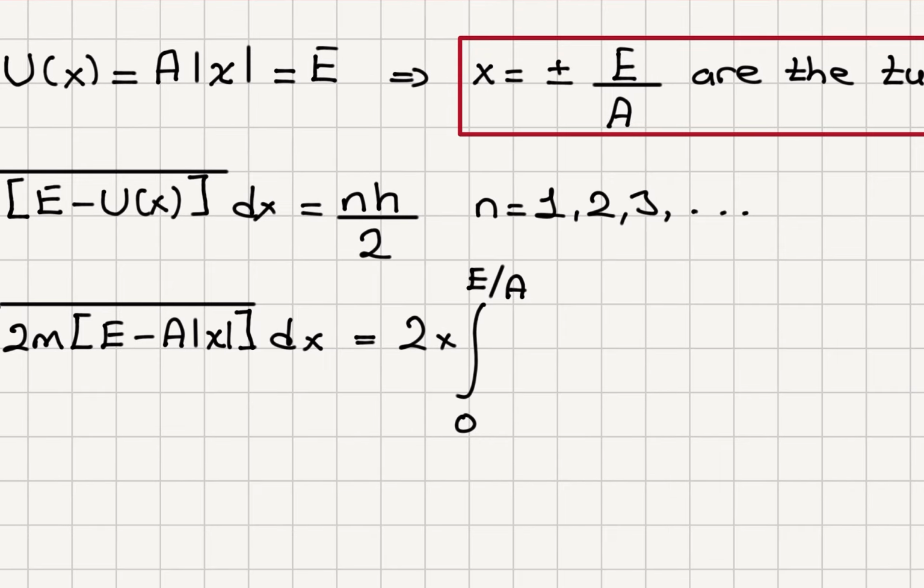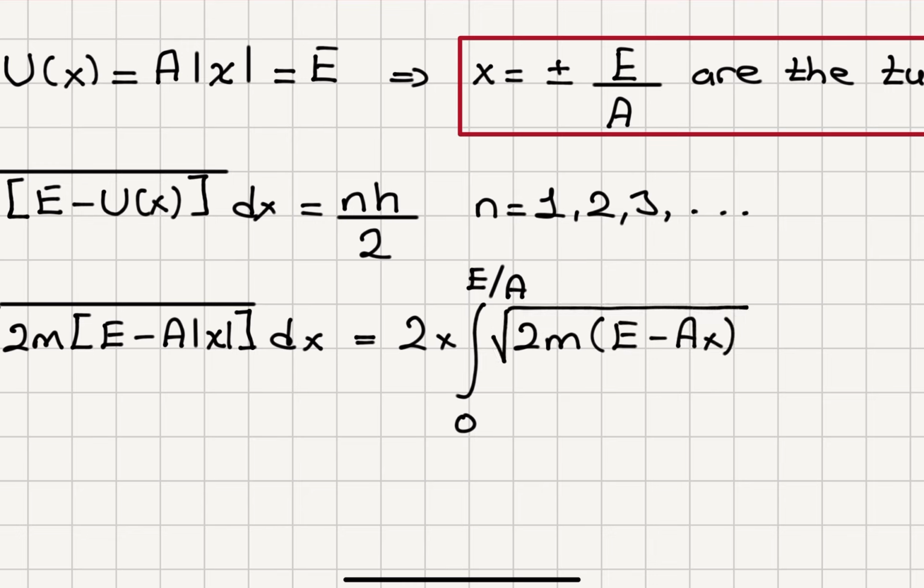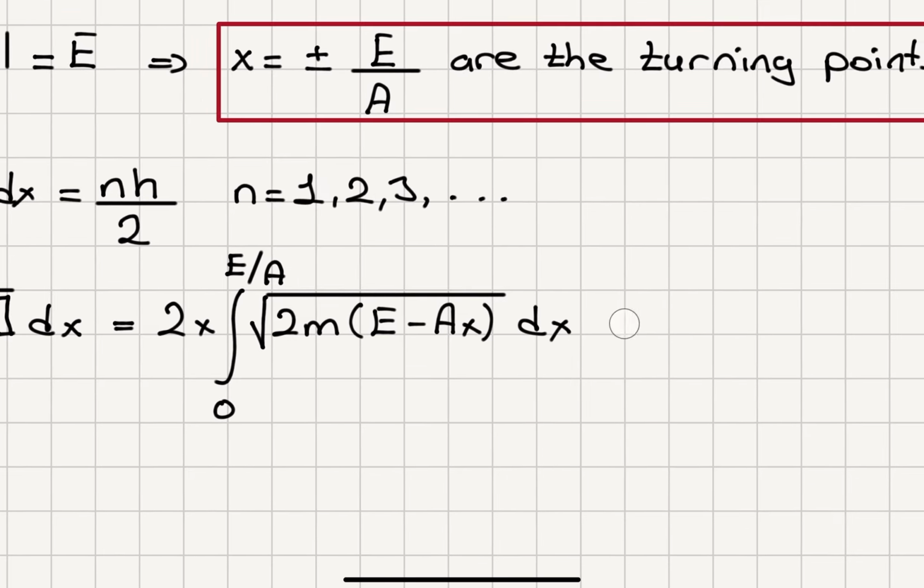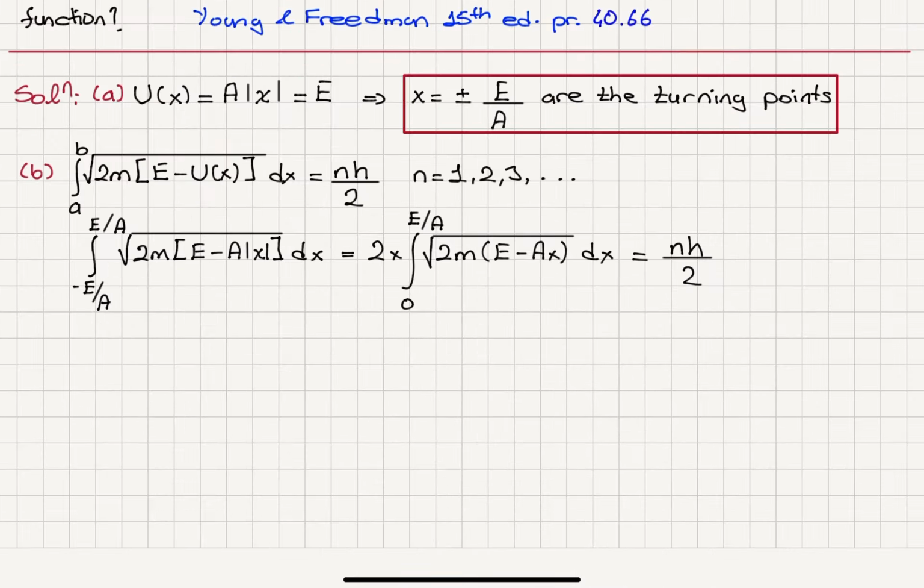So this is the square root of 2m. If we're only considering positive values, then we have A times x. E minus Ax inside the square root, dx. And this must be equal to nh over 2 according to the WKB approximation.